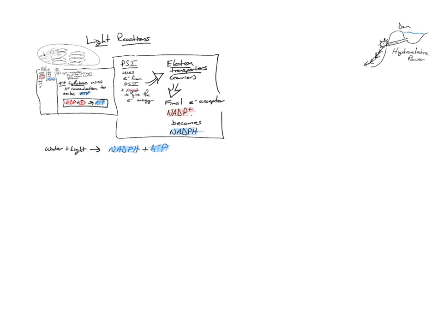Think about context. So let's go ahead and draw this again. Here's this thylakoid, let me draw it in black. Over here is this machinery, PS1 and PS2.